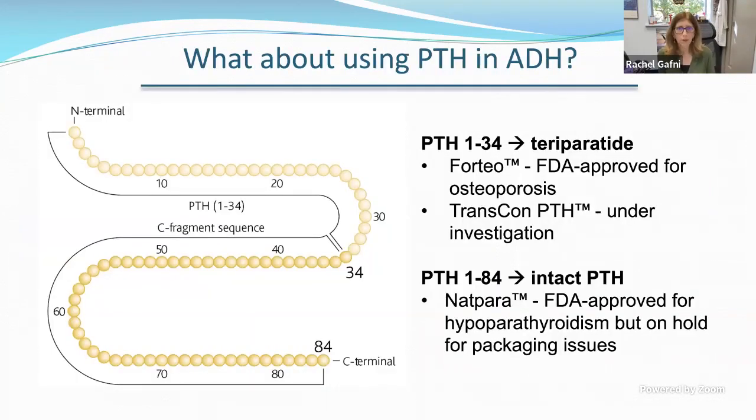So what about using PTH in ADH1? Dr. Khan went through this in detail: PTH 1-34, which is teriparatide, and PTH 1-84, or intact PTH. Both of these, 1-34 as Forteo for osteoporosis and Natpara for hypoparathyroidism, have been marketed, and TransCon PTH is under investigation.